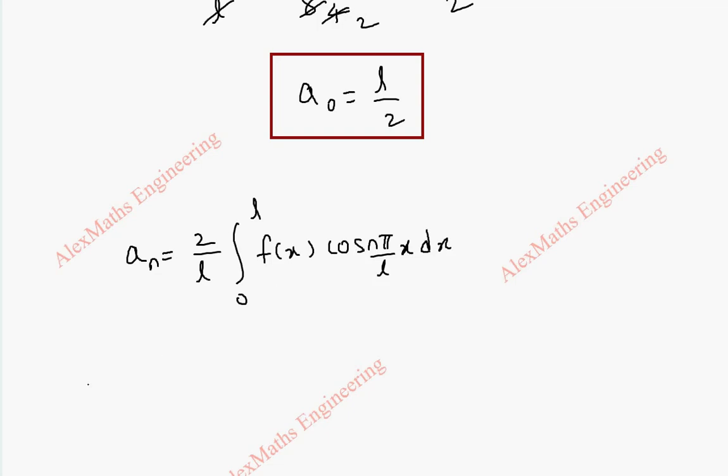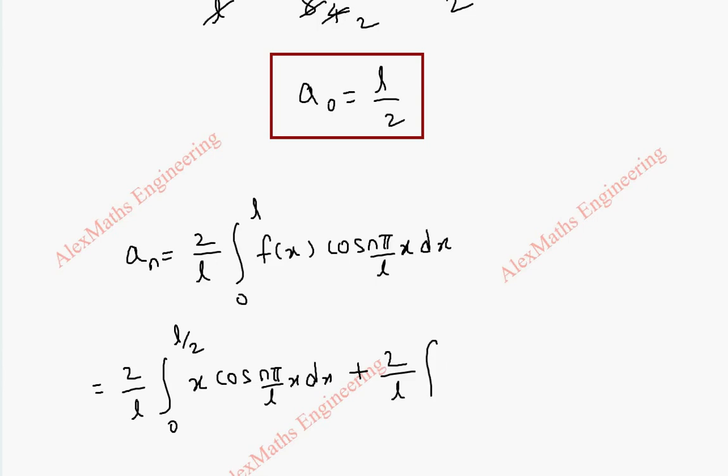And now we have to split this into two parts, 2 by L. The first part is 0 to L by 2 and function is x, and we have cos n pi by L x dx, and we have the second part 2 by L integral L by 2 till L, and f of x is L minus x into cos n pi by L x dx.